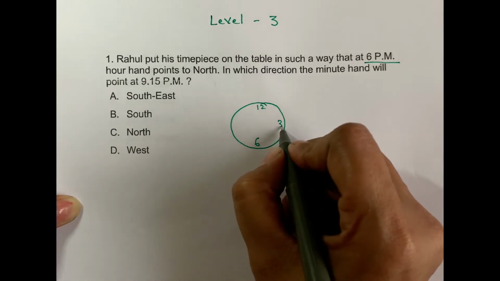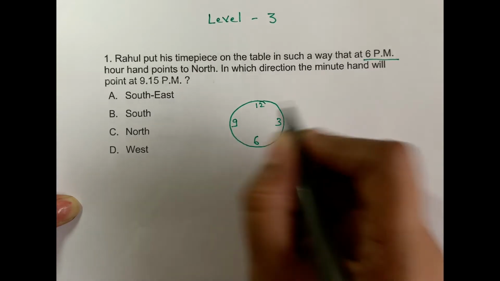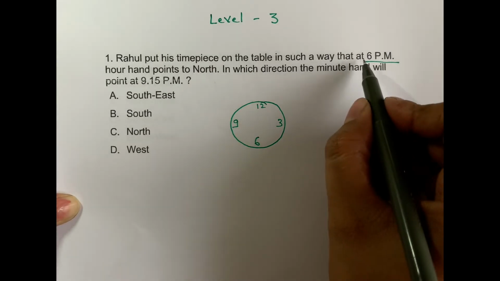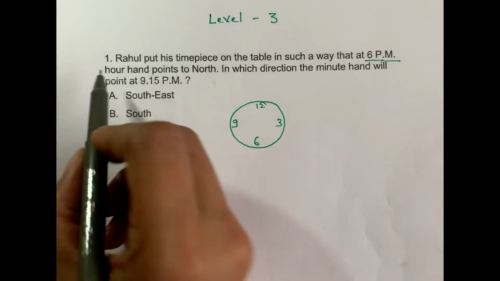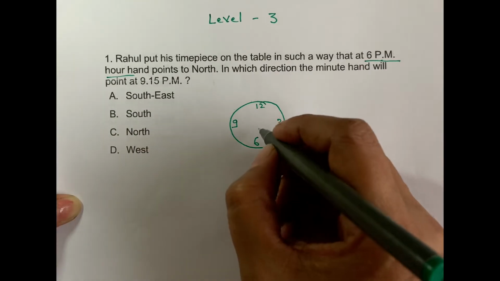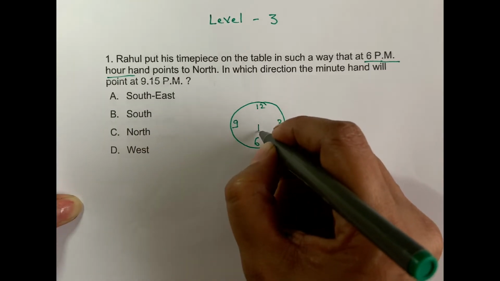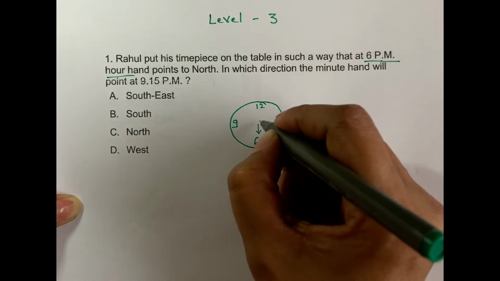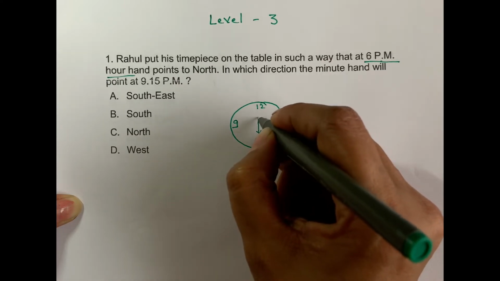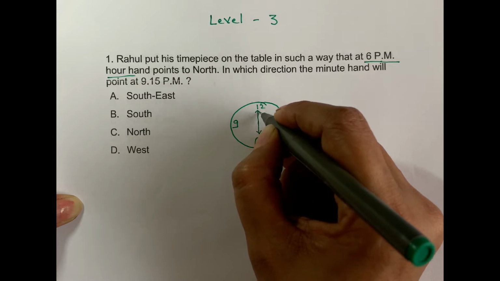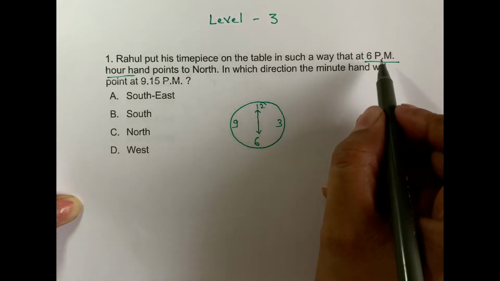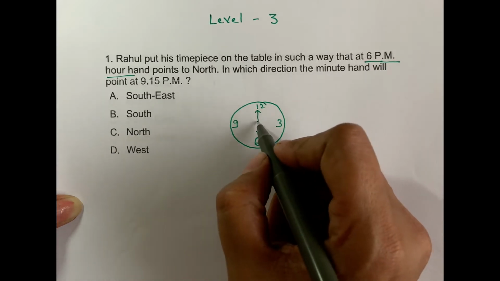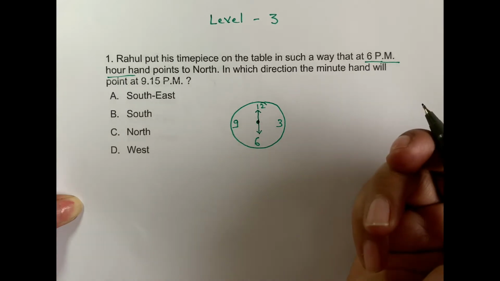So this is 3 and this is 9. Now, at 6 p.m. this is the hour hand and this is the minute hand, isn't it? So at 6 p.m. this is how the clock looks, and this is the center.